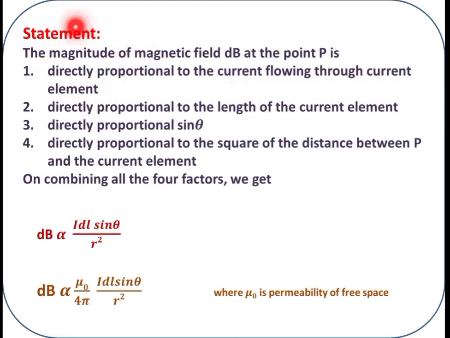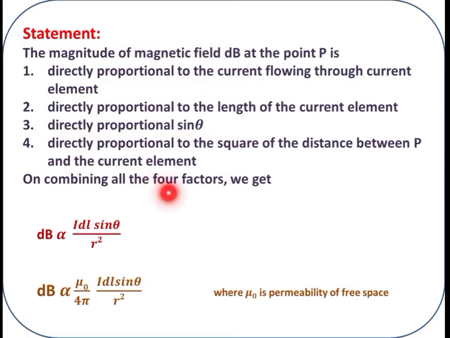From the law statement, we can divide it into 4 categories: directly proportional to the current, directly proportional to the length, directly proportional to sine theta, and inversely proportional to the square of the distance between P and the current element.